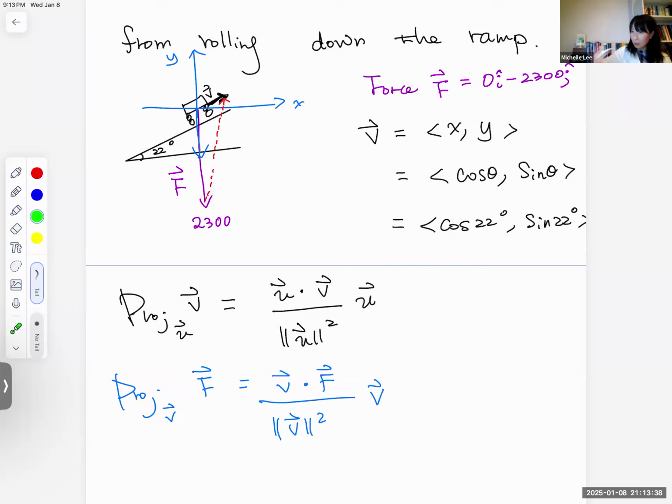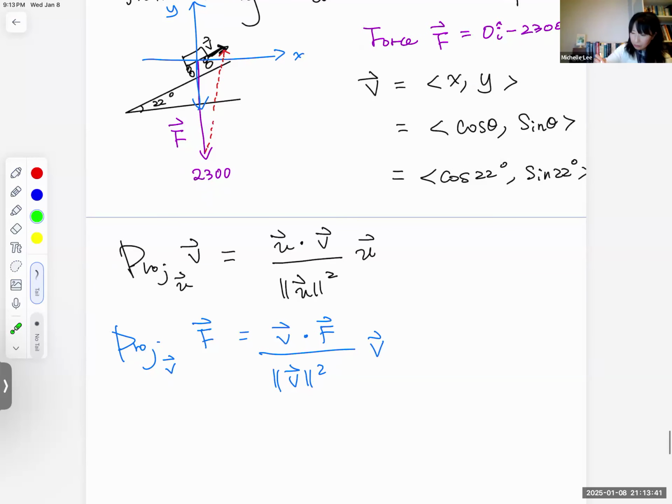Okay, let's apply. So vector dot product. That will be V, which is cosine 22 degrees, sine 22 degrees.